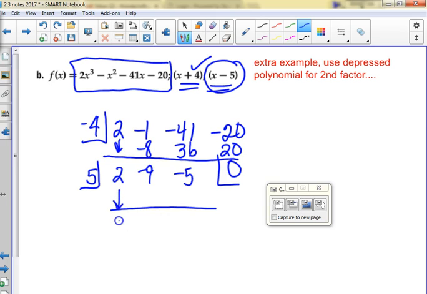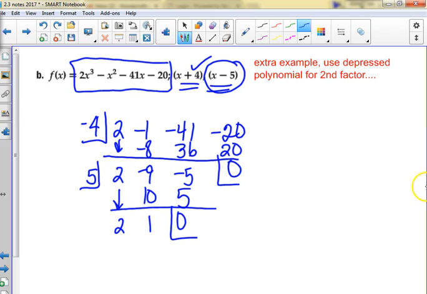So if I bring this down, okay, it's going to ask you to do this on the quiz and on the final. What have we just found are the factors of this polynomial? X plus 4, x minus 5. You're telling me that would get me back to this.